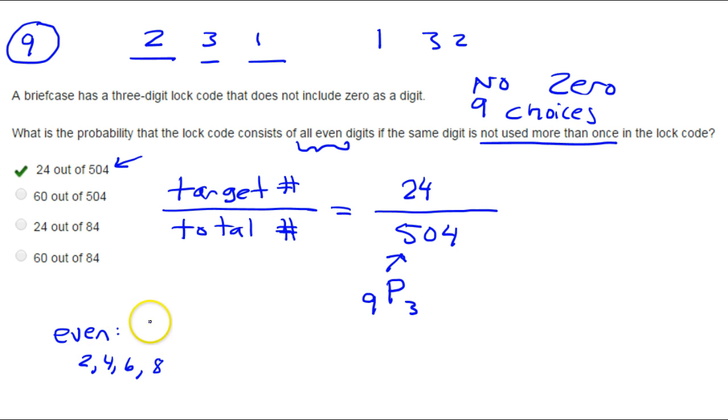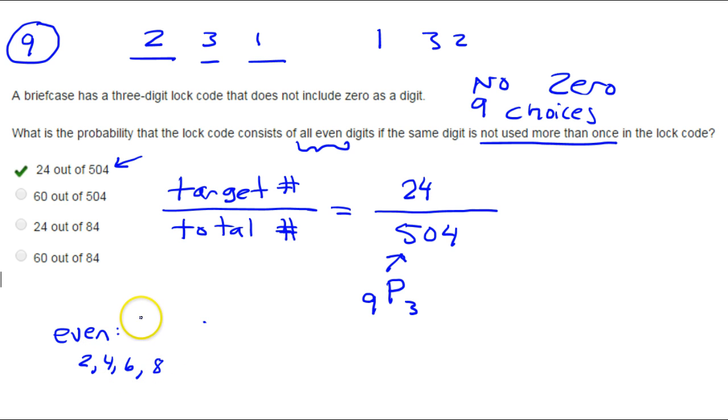So if we're talking about evens, we have, wait, why am I saying 8? 4 choices: 2, 4, 6, and 8.